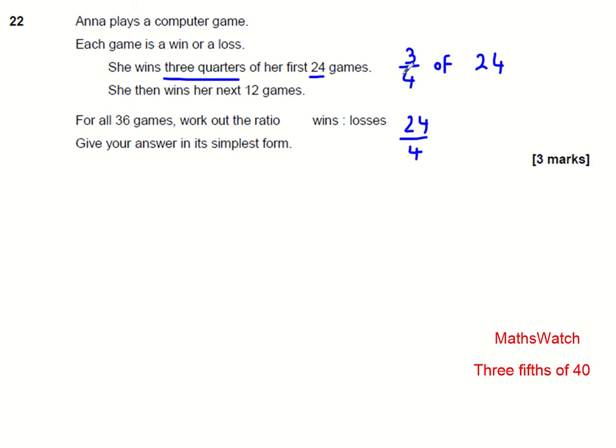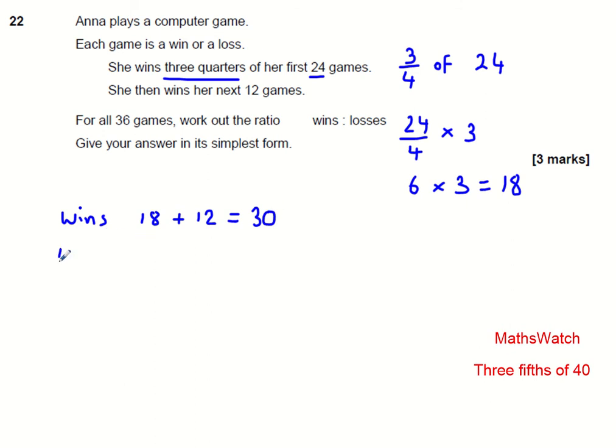So divide by the bottom number and then multiply by the top number, which is going to be 3. 24 divided by 4 is 6, and 6 times 3 is 18. So she wins 18 of her first 24 games. She then wins her next 12 games. So the amount of games that she wins is 18 for the original first 24 games, and then the next 12, which means she's winning a total of 30 games.